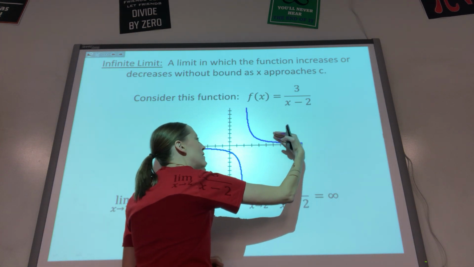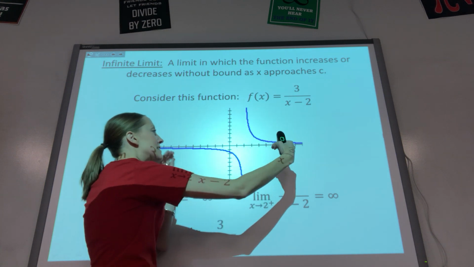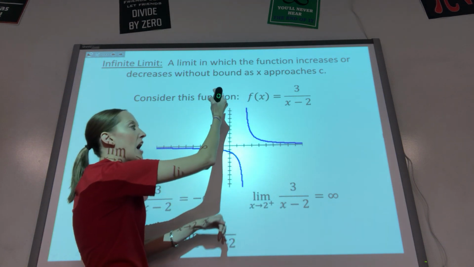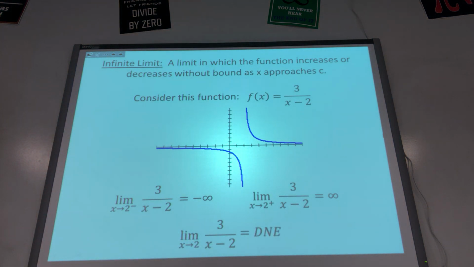As I'm coming in from the right, I'm approaching positive infinity. Since those two things are not the same, they don't agree with each other, we would have to say the limit overall does not exist. But you can find it from the left and right separately just by thinking of your infinite limits, negative infinity and positive.